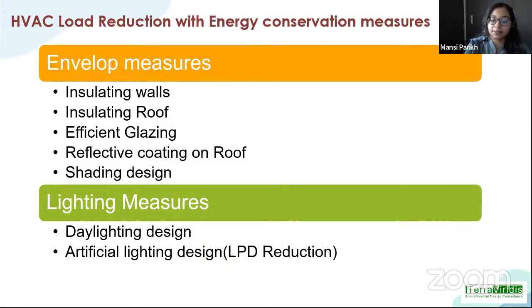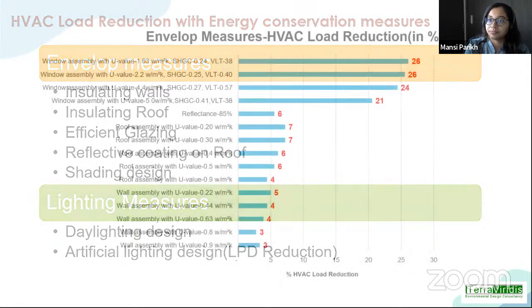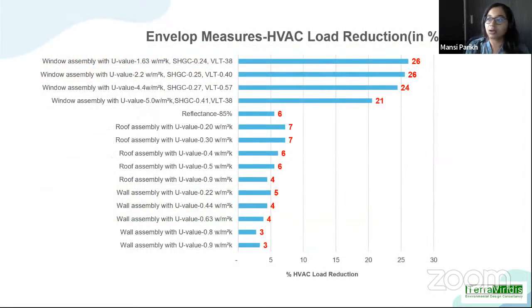Here in this chart, on the left side are the energy conservation measures for the windows, roof, and walls, and these are the percentage savings in the HVAC load. This is the percentage savings on the TR, the tonnage of refrigeration required in the building.